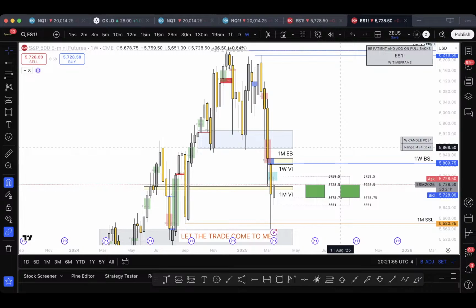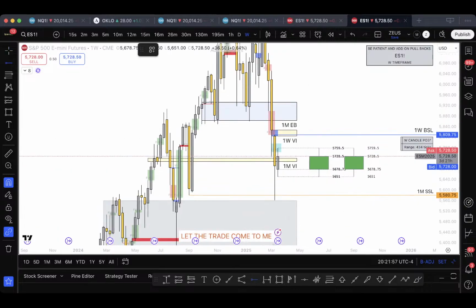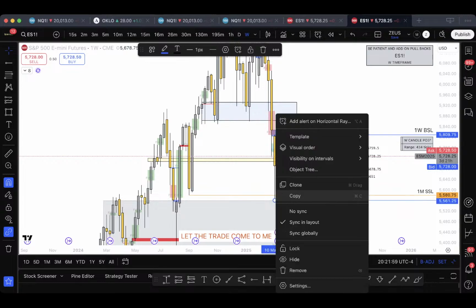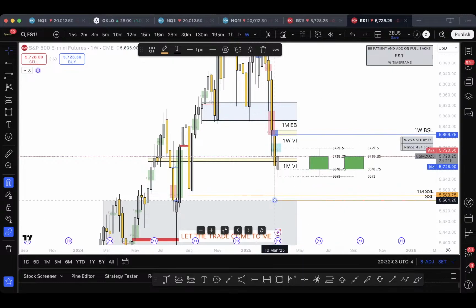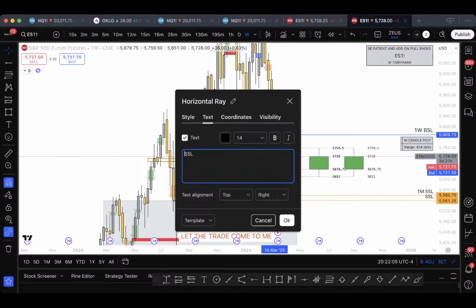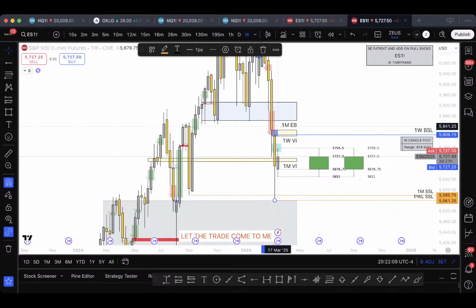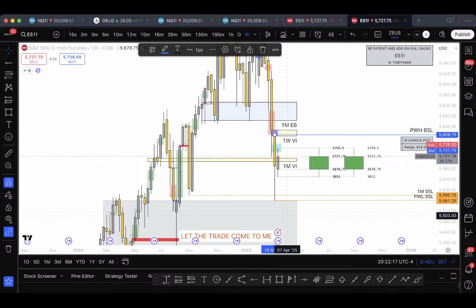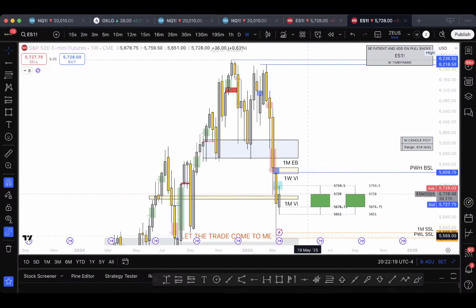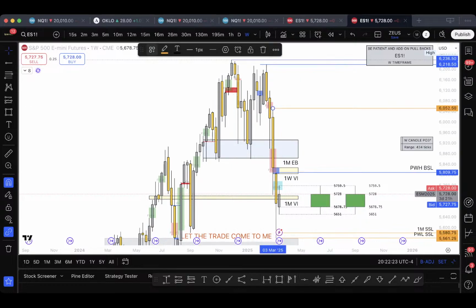Alrighty, got weekly buy side, weekly sell side. Like I said before, with NQ, if you like, you could mark out that fair value gap.